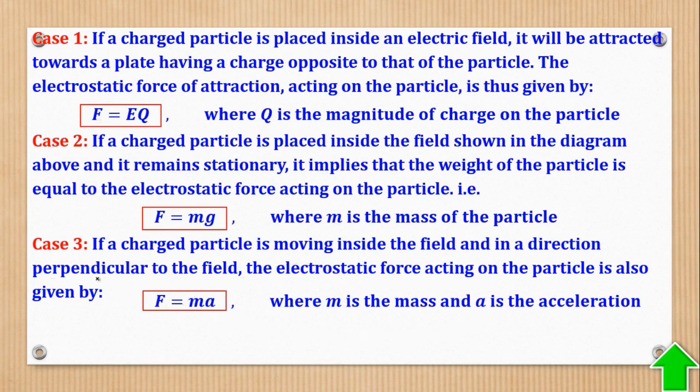So what does the word resultant mean? Resultant means that, for example, if there is this force acting and there is this mg, and the particle moves upwards, it implies the resultant will be this minus mg. If it is moving downwards, then the resultant will be mg minus F. So that is Newton's second law. So you should know that this F is the resultant force.